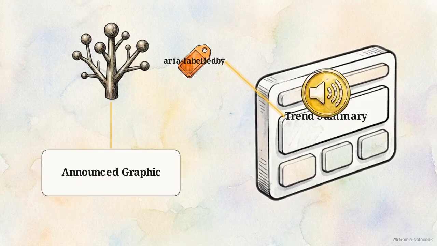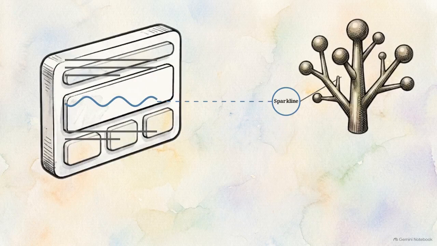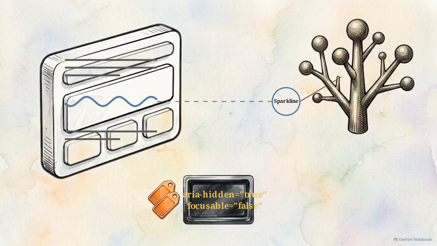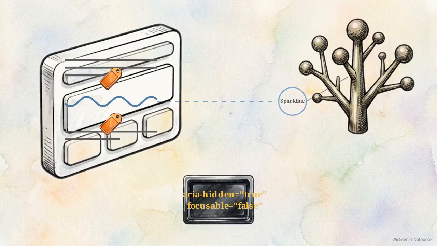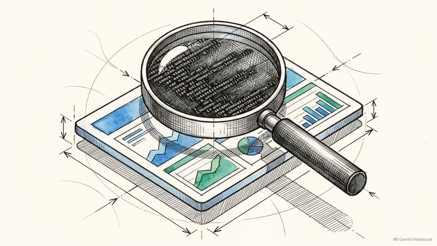This prevents screen readers from announcing every coordinate path, focusing only on the summary. For decorative elements like sparklines, using aria-hidden and focusable false prevents them from cluttering the accessibility tree or stealing keyboard tab stops. Curating this SVG layer ensures that we hide visual noise while preserving the semantic meaning of the data.